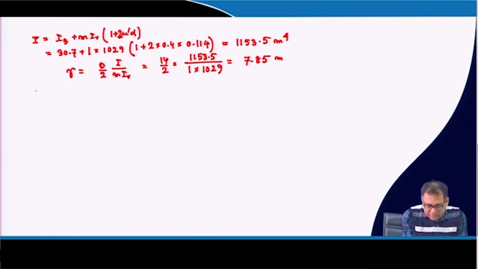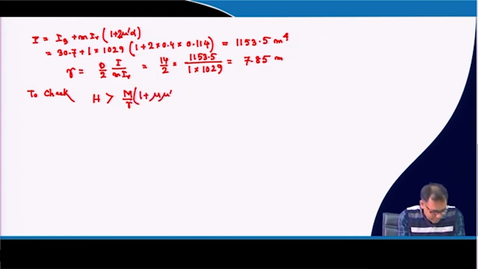Now, for the first check, to check, okay, so first check that h should be greater than m by r times 1 plus mu dash minus mu w.